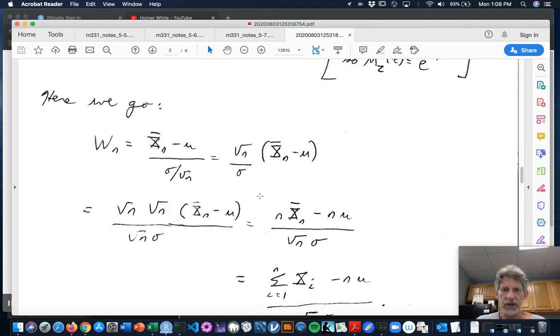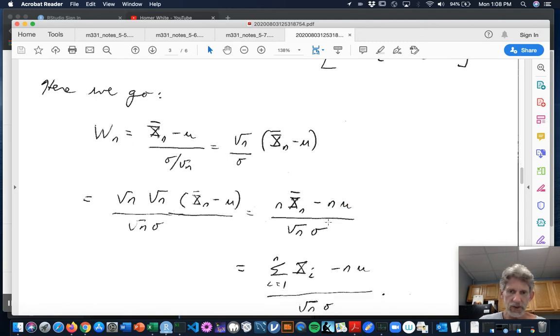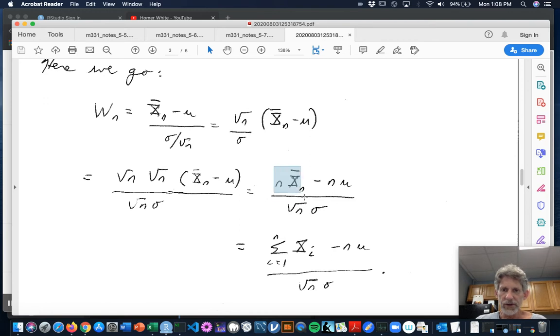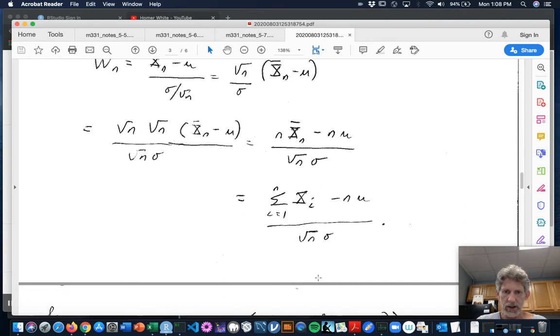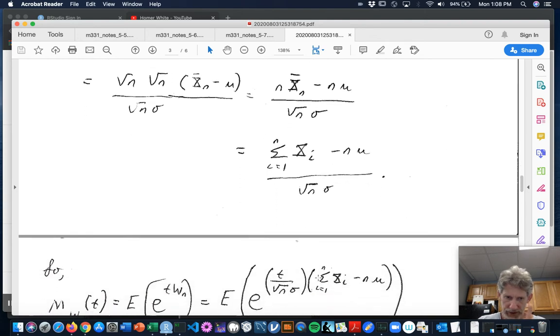And so I'll have n times the sample mean minus n times mu, over root n sigma. Now, by definition of the sample mean, n times it would just be the sum x1 through xn. So we'll focus on that for a moment. The Wn can be written like that.